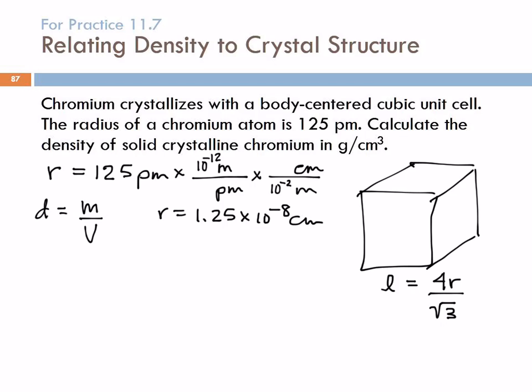So the volume is going to be the length of the side cubed. So volume is going to equal 4 times the radius over the square root of 3, and then we're going to cube that whole thing.